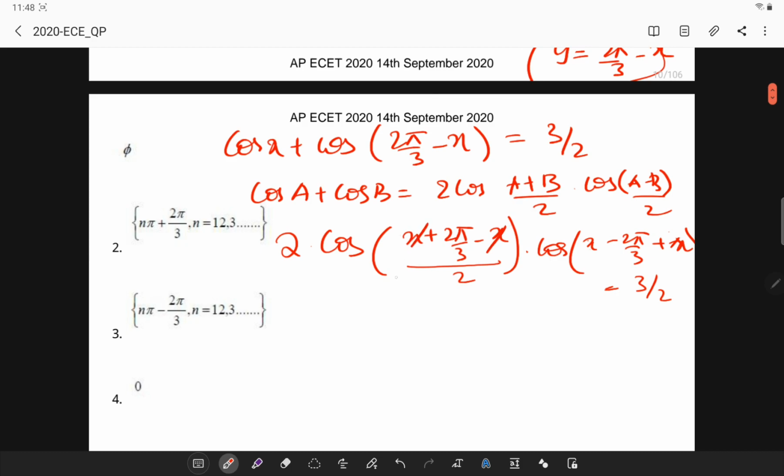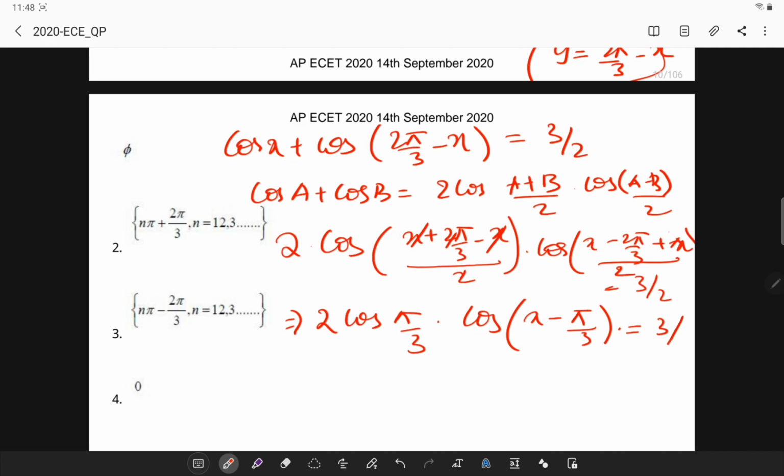Here this gets cancelled and this gets cancelled. I will be left with 2 cos pi by 3 into cos of (x minus pi by 3) is equal to 3 by 2.